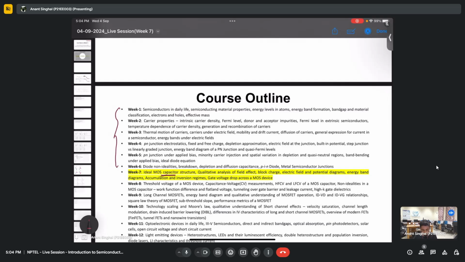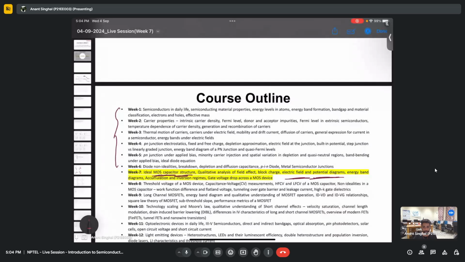In this week, we'll be dealing with how the MOS capacitor works, and why it gives the characteristics that it does. Then we'll also talk about the potential diagrams, that is, the band diagrams in electric field for a MOS capacitor, which will be similar to what we have from PN junctions, because MOS is metal oxide semiconductor.